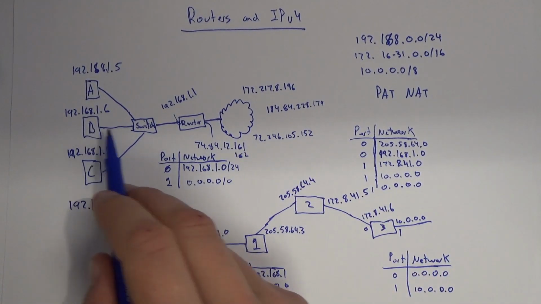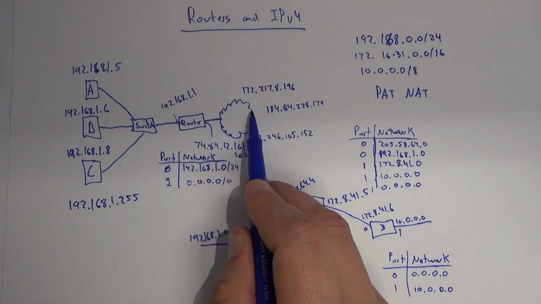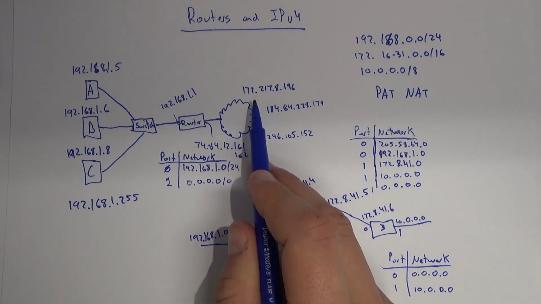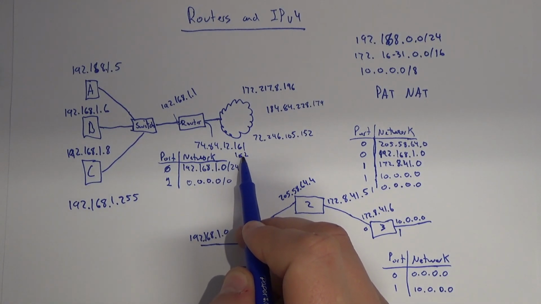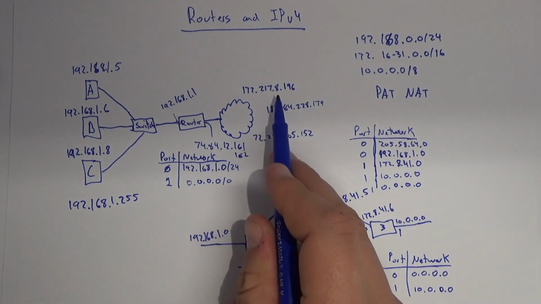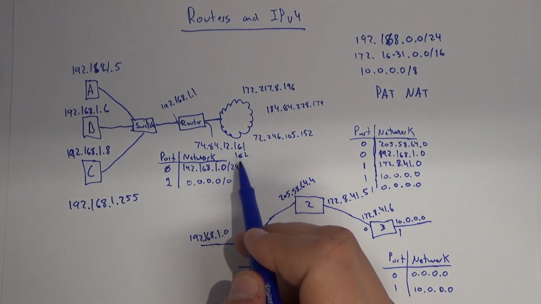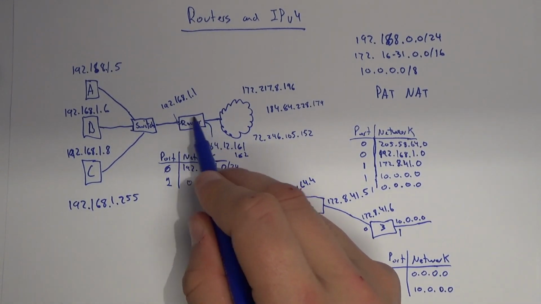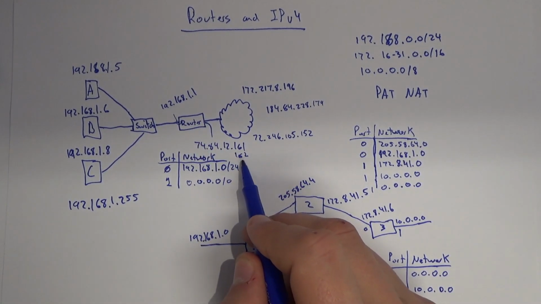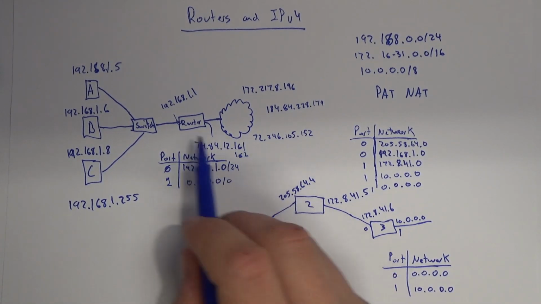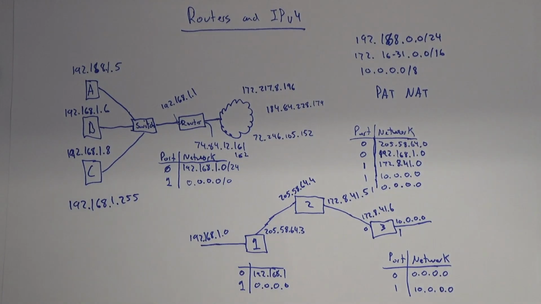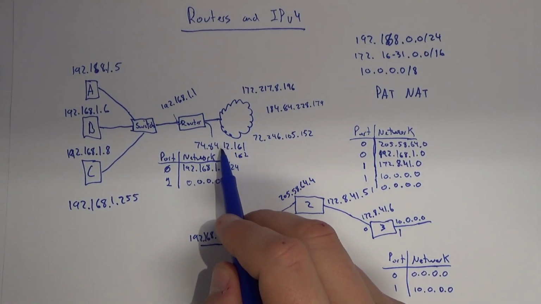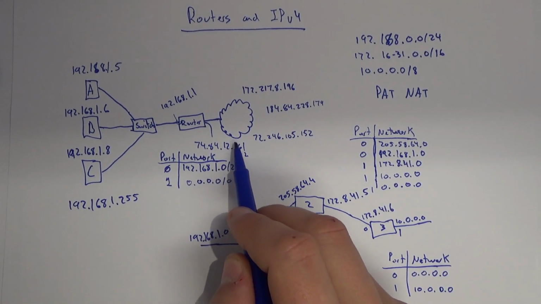So then the router, when it sends that packet on towards Google, is going to send it out with 74.84.12.162 as the source IP address so that Google can respond to that public IP address. And then the router is going to translate back from that public IP address back to the 192.168.1.5.